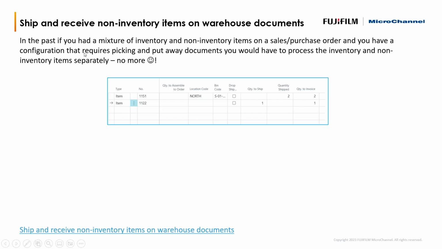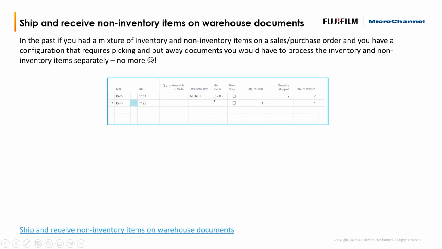And if you also had a configuration that requires picking and put-away documents, so this is where you're doing inventory picks and then put-aways, or the warehouse receipt and put-aways, or the ship and the picks, you would actually have to process the items separately.